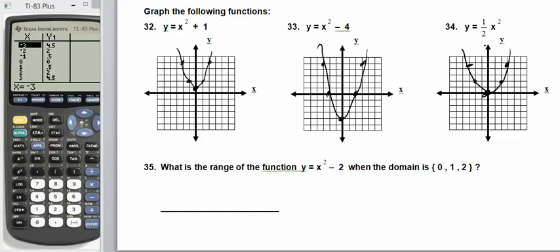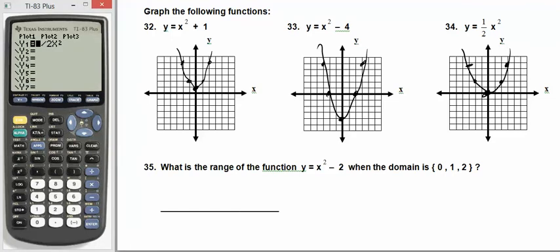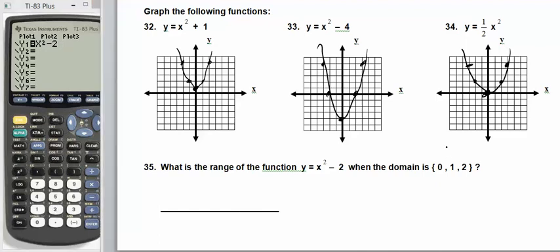All right, last one. What is the range of the function x squared minus 2? So we can just put it in the calculator. X squared minus 2. And we want to know domain. Remember, these are our x values. And it wants the range. So those are the y values.